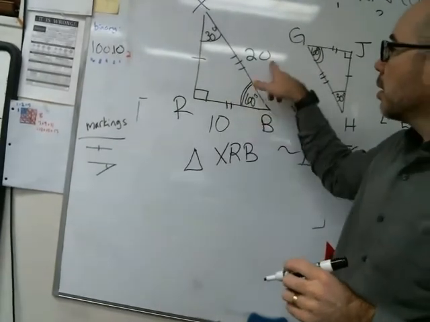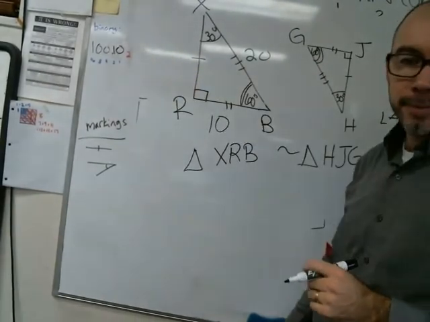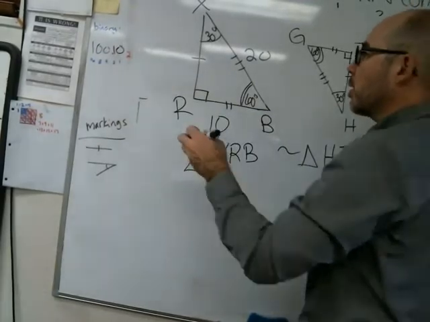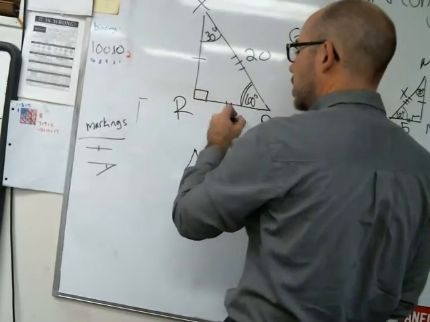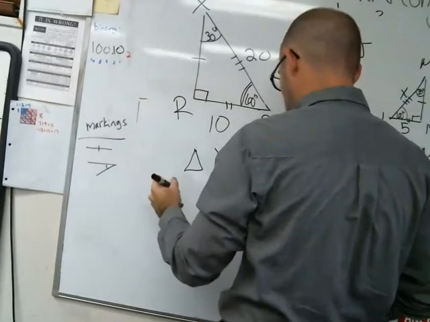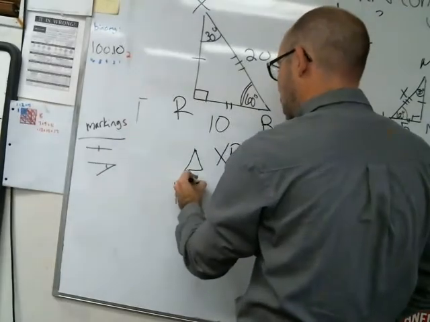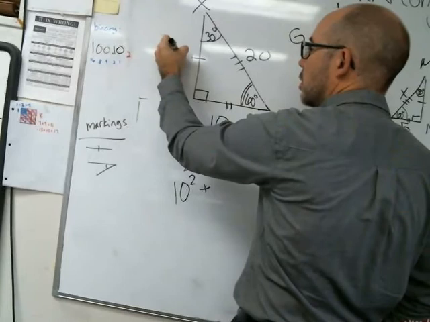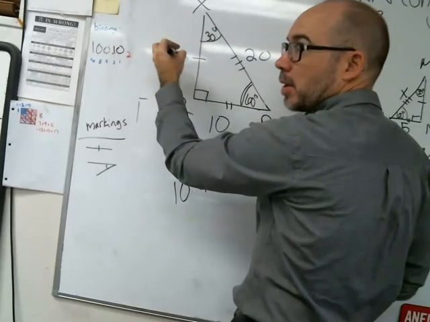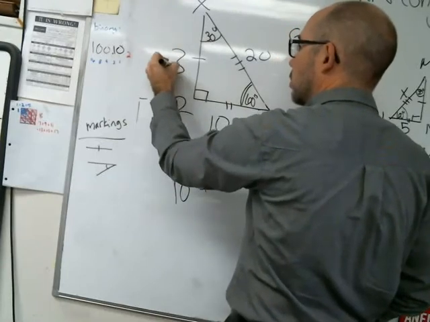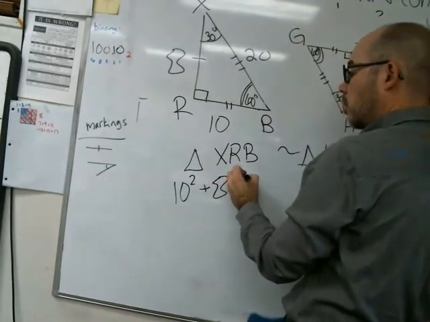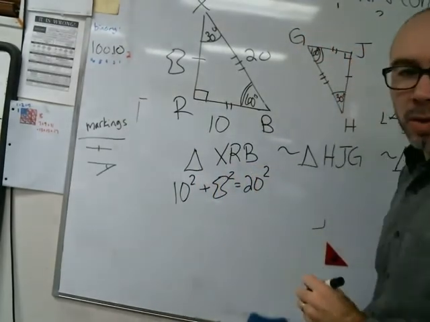Now they don't give me the length of this third side. So you do a little investigating. I've got the Pythagorean theorem in my back pocket. And it says that side 10 plus this one here, if I square them, 10 squared plus, let's just call this something, I'm going to make up a thing, that thing squared equals a hypotenuse squared.